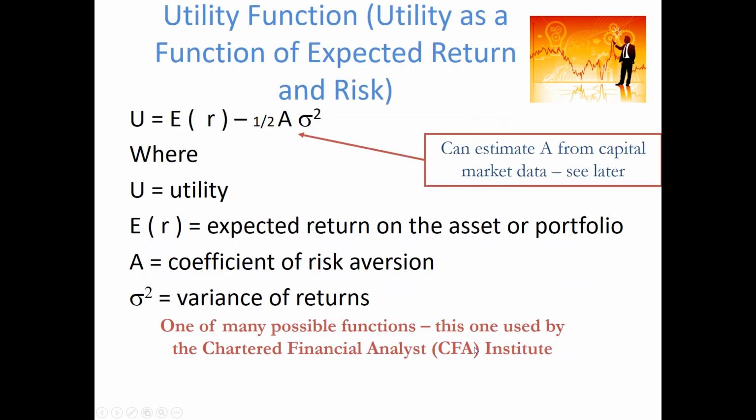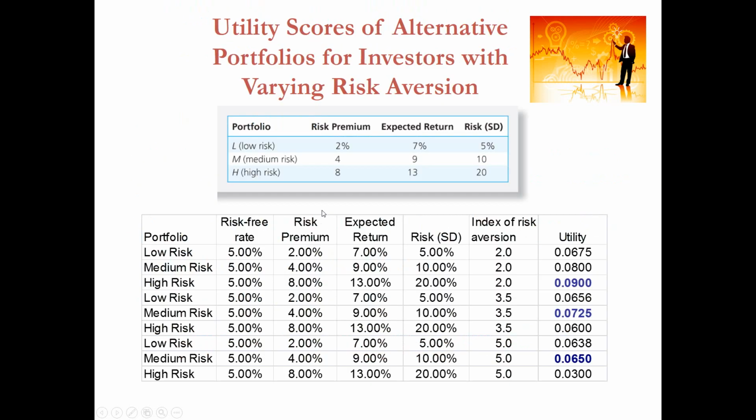So applying the formula from before, we know that for each of these assets, the utility the investor generates is the expected return. So here in this case, for the high risk asset, expected return is 13% minus half times A, which in this case is 2, times the variance of the returns.